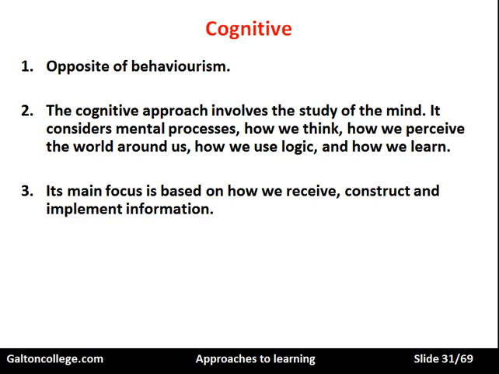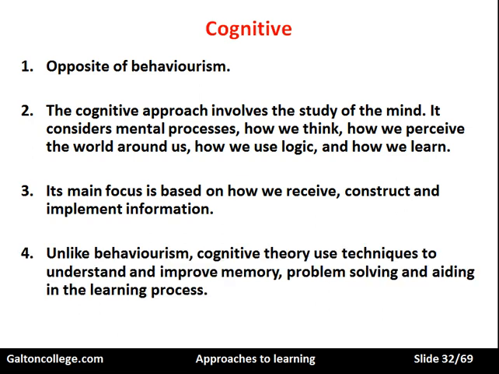Its main focus is based on how we receive, construct, and implement information. So it's how we deal with information, how we process information. But that processing takes place inside our heads, where it's not observable. So it's not like behavioralism. Unlike behavioralism, cognitive theory uses techniques to understand and improve memory, problem solving, and aiding in the learning process.